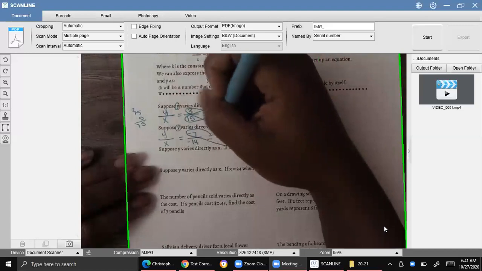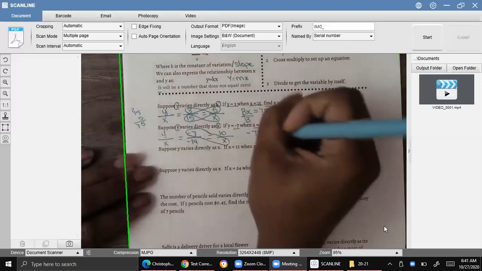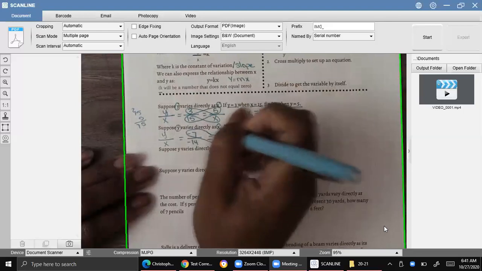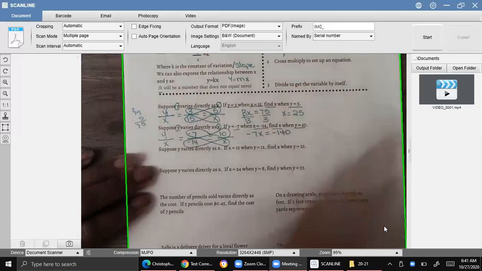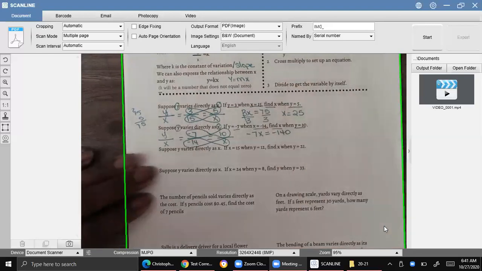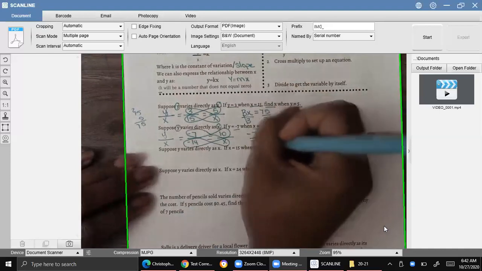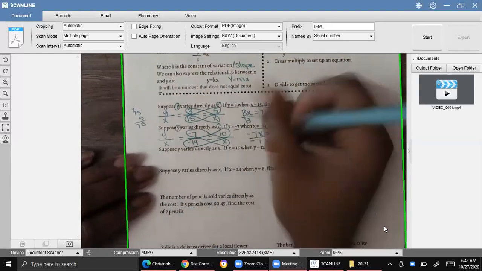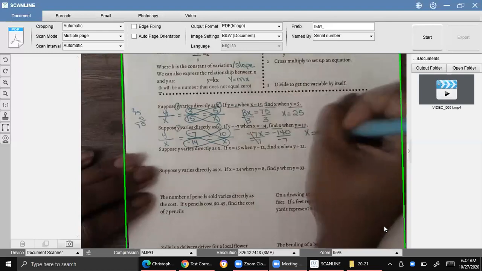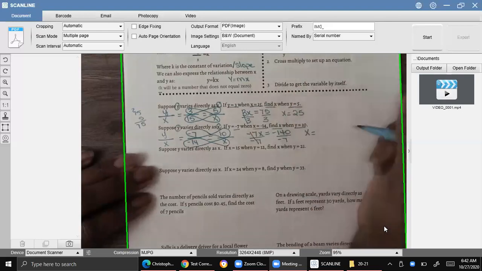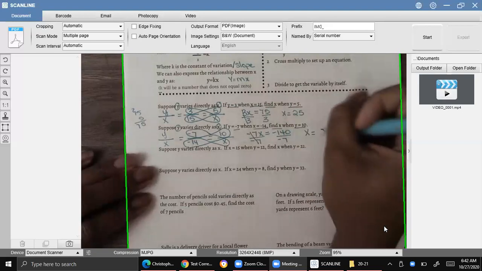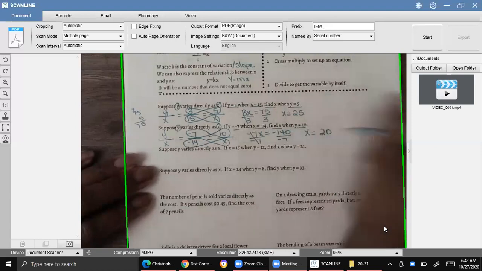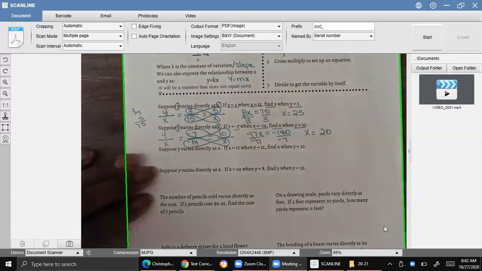Negative 7 times x is negative 7x, and negative 14 times 10 is negative 140. The last step is to divide to get the variable by itself. So I'm going to divide by negative 7, divide by negative 7. Those cancel out. X equals negative times a negative. Negative divided by a negative is a positive. 7 goes into 14 2 times, and 7 goes into 0 0 times. So x is a positive 20.